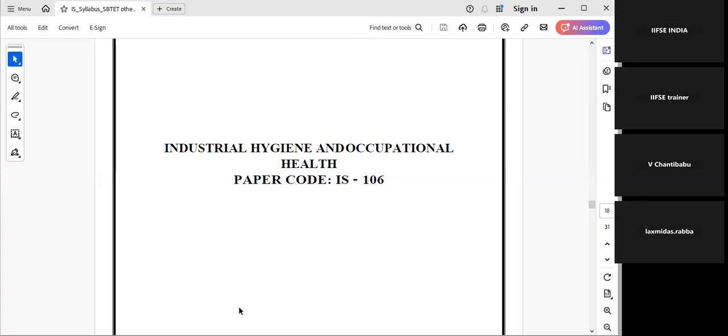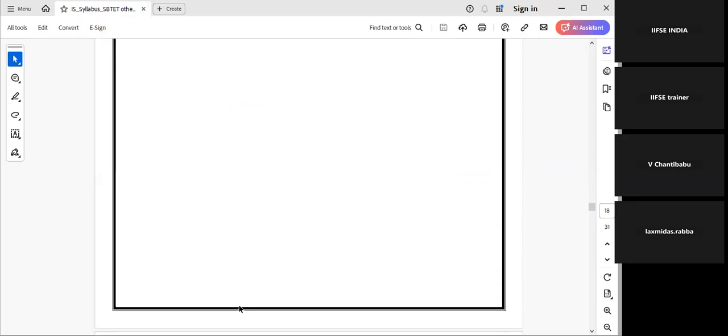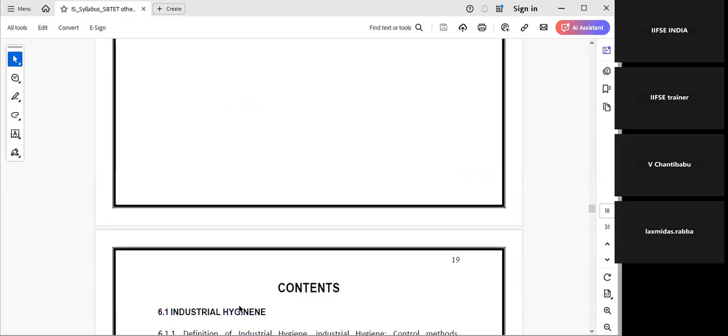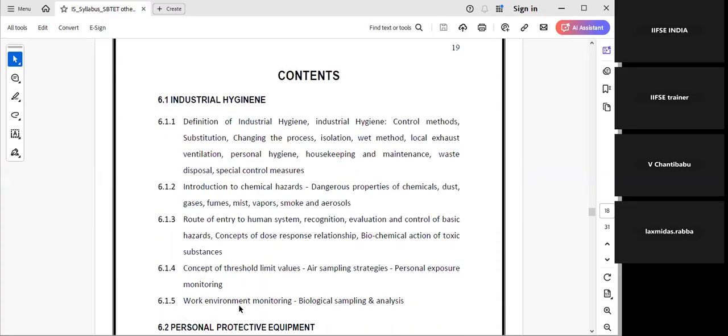It is purely on industrial hygiene, on occupational health, majorly focusing on the health related aspects. So here we talk about industrial hygiene. If we see personal hygiene, it talks about how you are keeping yourself hygienic, how you are keeping good eating habits.